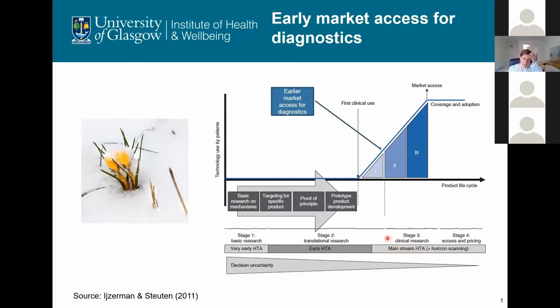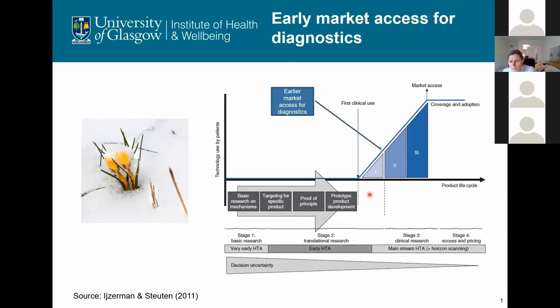I'm not really going to talk today about the differences between early HTA and mainstream HTA, but we're interested in simpler models at this stage, a lot simpler than Simon's been talking about, and talking about, well, if it had certain characteristics, could it deliver?